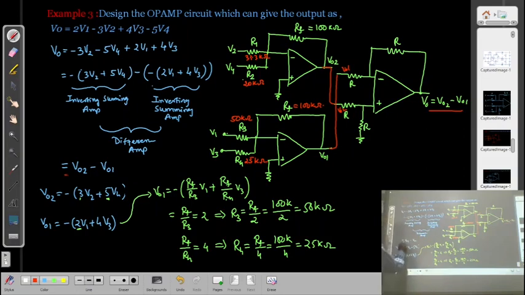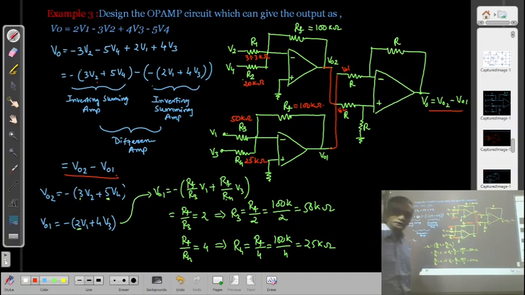That's what we require. And what is my VO2? That is 3V2 plus 5V4 minus 2V1 plus 4V3. So in this way, actually I have to draw this circuit VO2 at the lower side, and this will be connected to upper side. So directly you can have the connection with a difference amplifier.